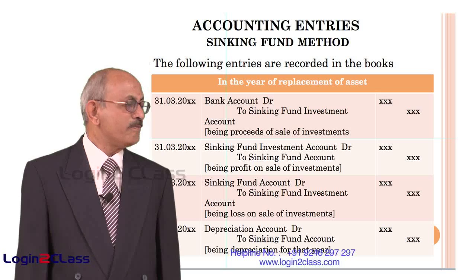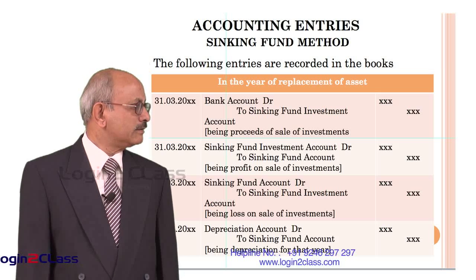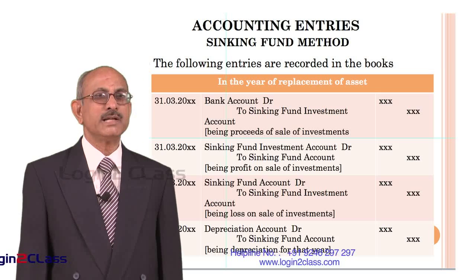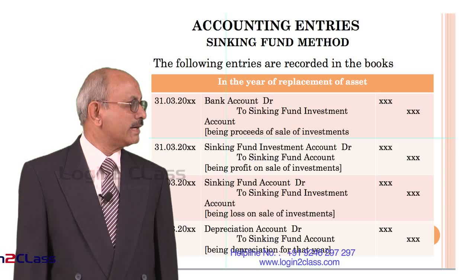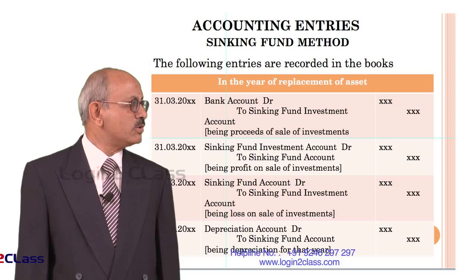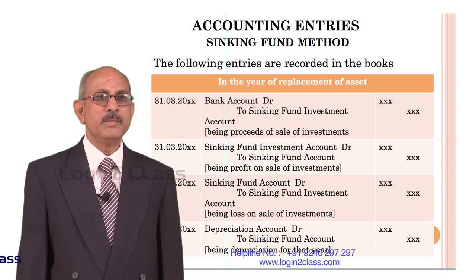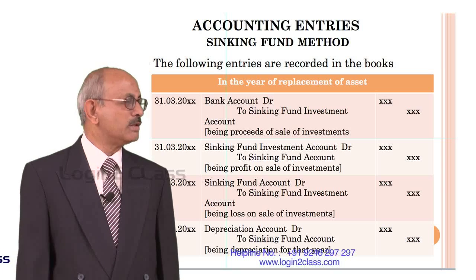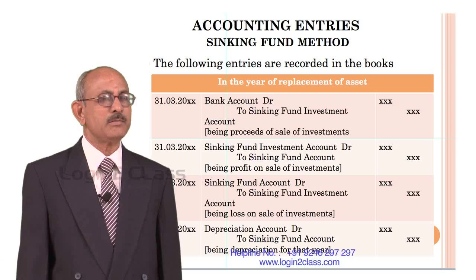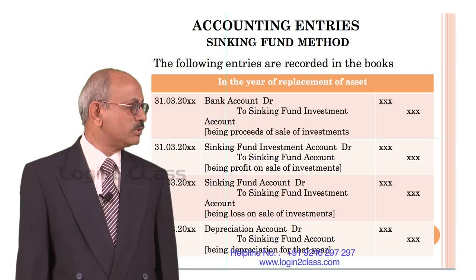So in order to get the money back, the sinking fund investment account is credited and the bank account is debited with the amount of sale proceeds of the sale of investments. Whatever money has been received by selling those investments will go to the bank account. That means there will be extra balance available in the bank account to take care of that.